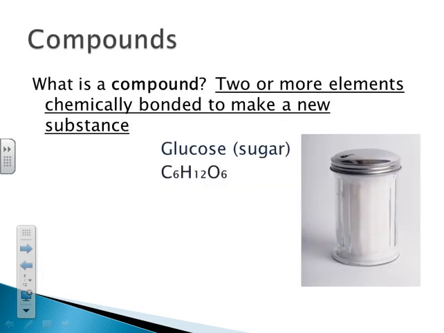Let's talk about what a compound is. You have a periodic table of elements sitting in front of you. A compound, so put the word compound to the left, is when you take two or more elements and chemically bond them together to make a new substance. So this is like going to the grocery store and mixing a bunch of stuff together and making something new.